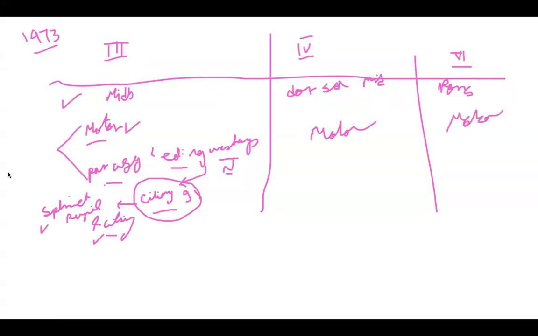If we remember the cavernous sinus, what are the contents of the cavernous sinus? In the lateral wall, it is the oculomotor and trochlear. So they run in the lateral wall of the cavernous sinus, but the abducent is in the floor of the cavernous sinus, related to the internal carotid.